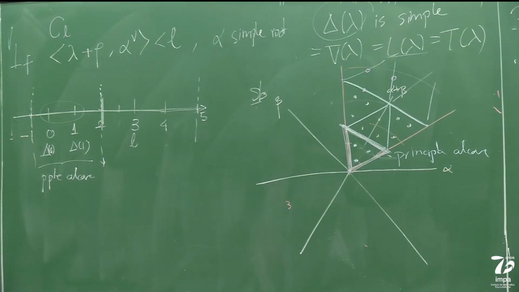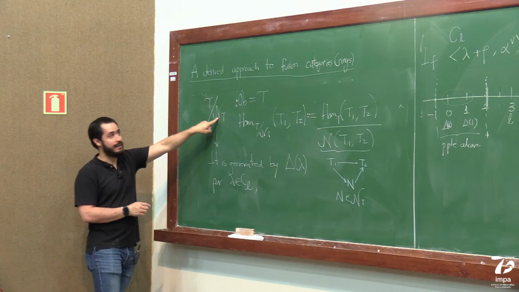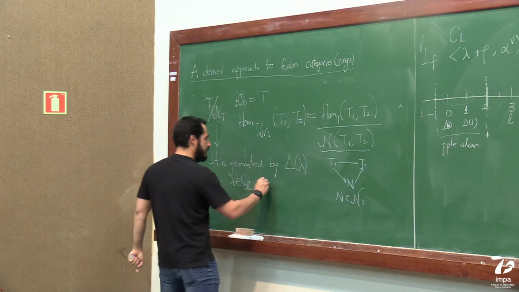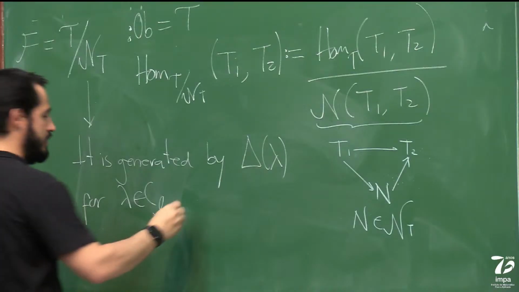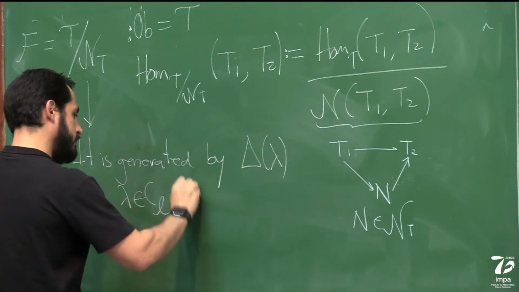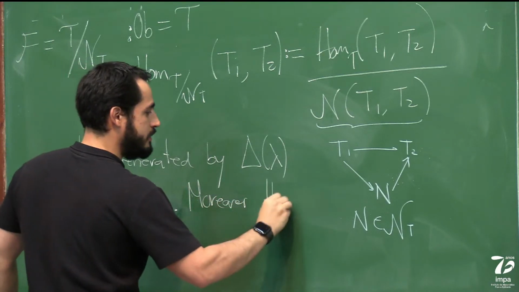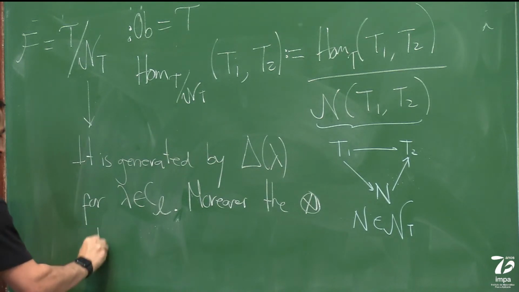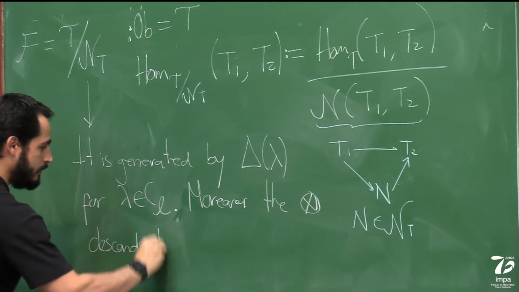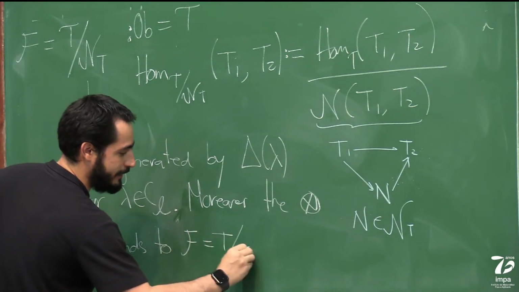So in this quotient, let's call it F, you have this, but moreover, because this is a tensor ideal on the category T, the tensor product descends to this quotient, and it's well defined.